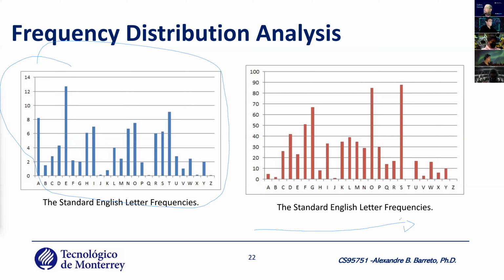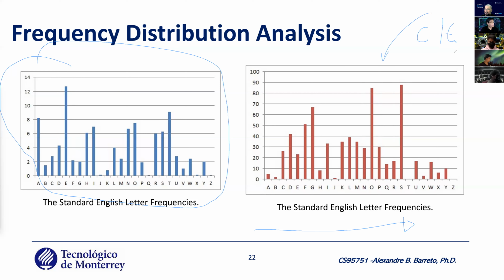And the right side is the frequency of the letters that you find in your document, ciphered by using the Caesar cipher. You know that this document is ciphered using the Caesar cipher, and you know that it was written in English, okay?